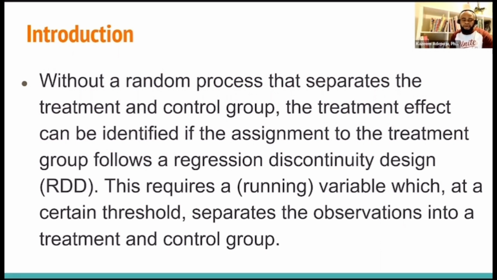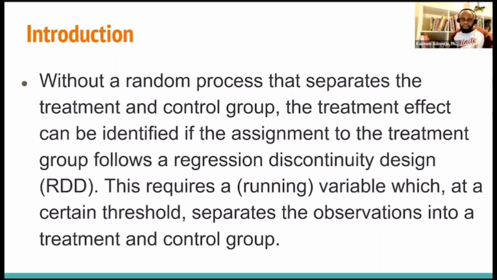In the introduction, we have a situation where we want to study, or maybe we're pursuing, a causal goal. In the process, we want to know the effect of one thing on another.